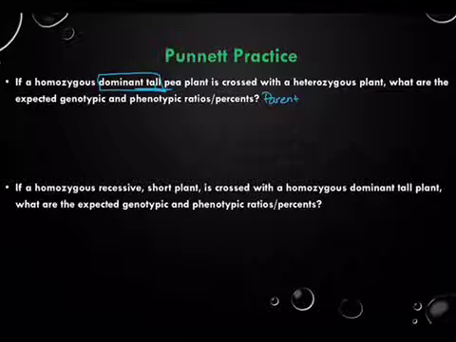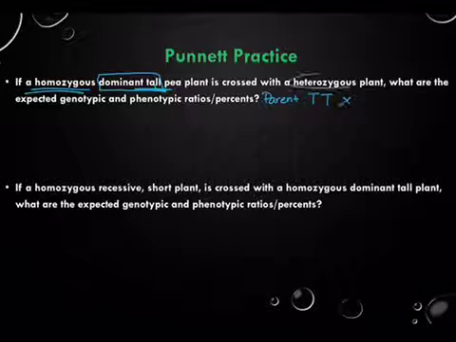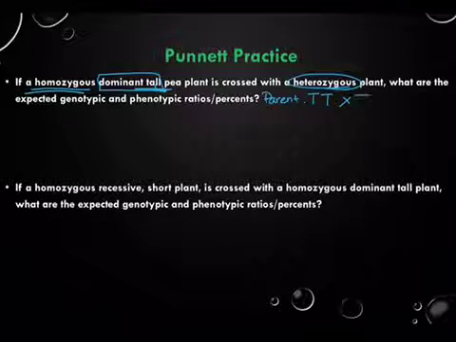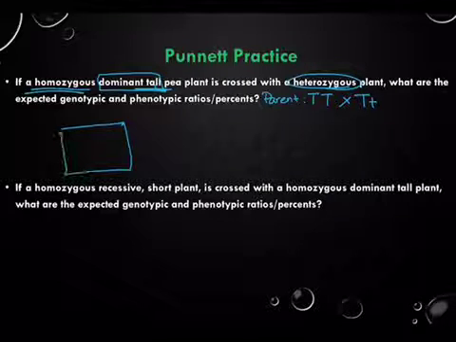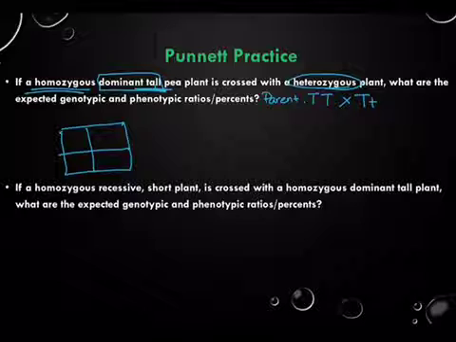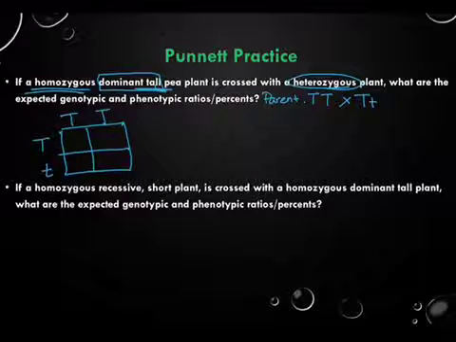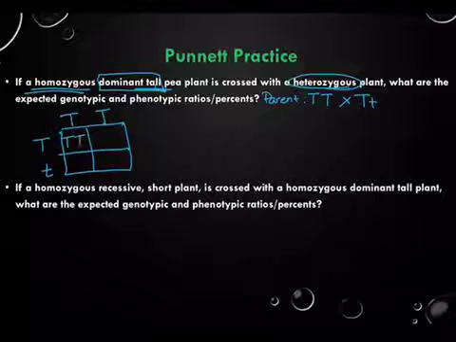Dominant is capital T, and it's homozygous, so that tells us both alleles are the same, big T, big T. The second parent is heterozygous, so that's big T, little t. Then you can draw out your Punnett square. We have big T, big T, and big T, little t, and we fill out the Punnett square.